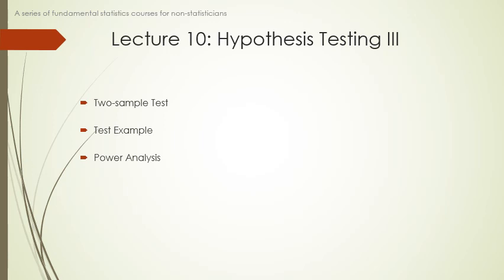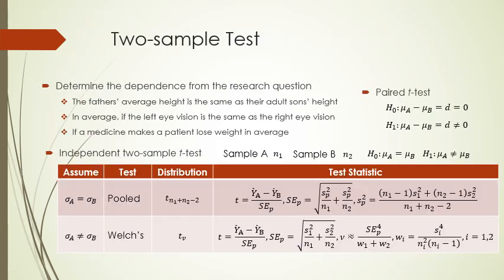In the 10th lecture, we will cover hypothesis testing when we have two samples instead of one. Previously, we had only one sample and tested if a parameter is equal to a set value.